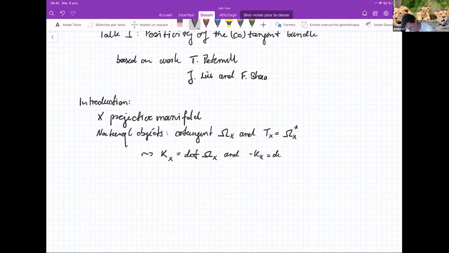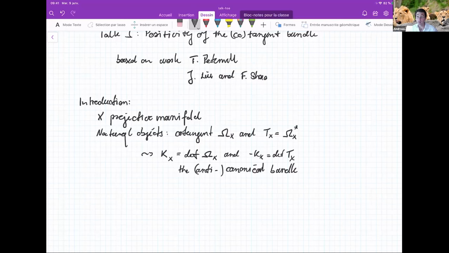These are the most natural objects which you can attach to any projective manifold.